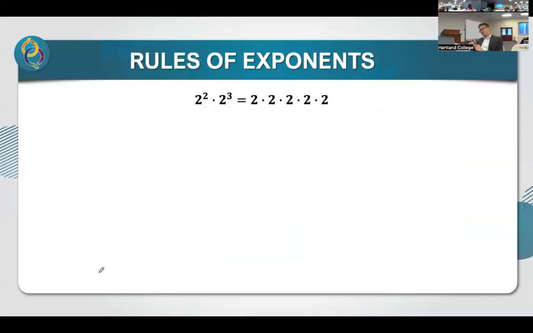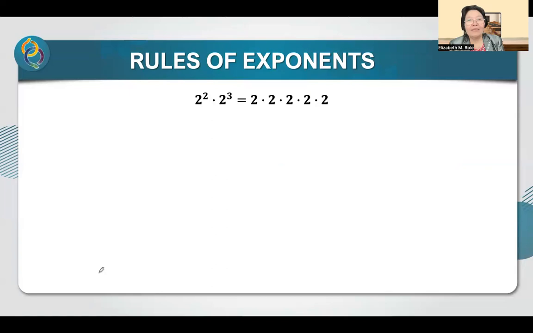Now we will learn some rules of exponents. These are important as we evaluate polynomials, monomials, binomials, and so on. When I say 2 squared times 2 cubed, 2 squared means 2 times 2, and 2 cubed means 2 times 2 times 2.